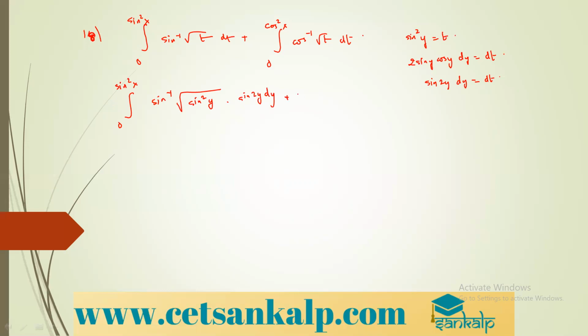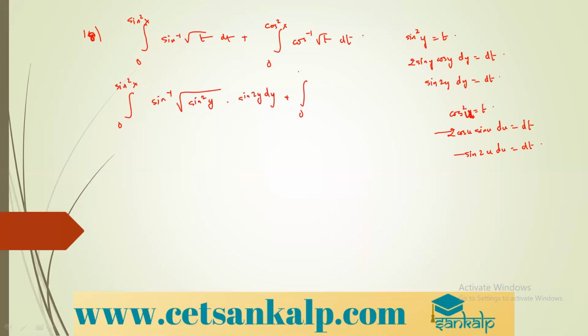In the same way, for the second integral, I'll put cos square u equal to t. So 2 cos u times minus sine u du equal to dt, or minus sine 2u du equal to dt.